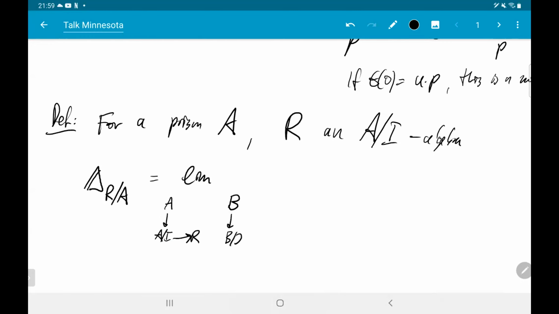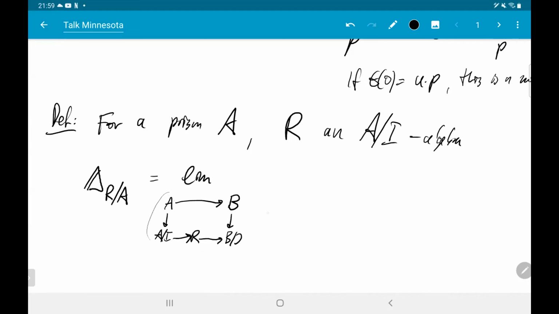And then I want a map from A to B, which is a map of prisms. So it needs to be a map of delta rings that takes the ideal to the ideal. And downstairs, I just want a map of rings.